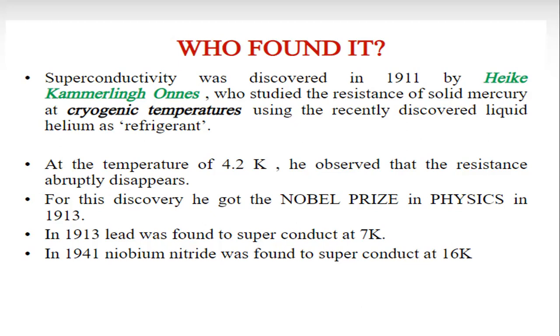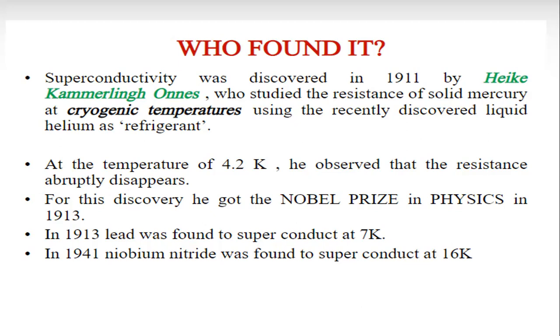For this discovery, Kamerlingh Onnes got the Nobel Prize in Physics. In the previous section, it was 4.2 Kelvin. In 1913, he won the Nobel Prize for the material called lead.